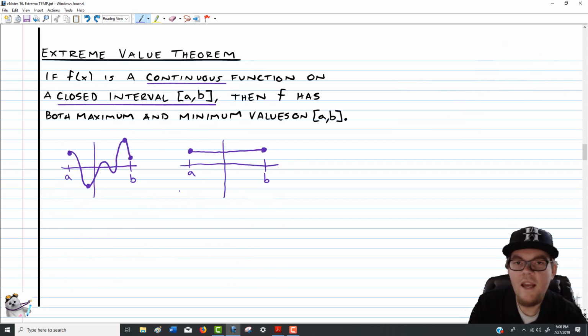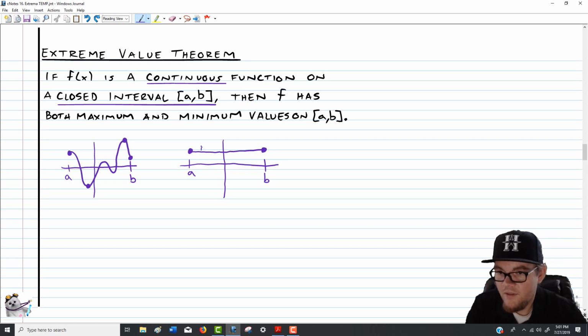In this case, any x value in [a, b] would provide both the maximum and minimum value. In a constant function, max and min happen to be the same thing. So basically here I might say that this is max and min. Over here we said this was min and this was max.